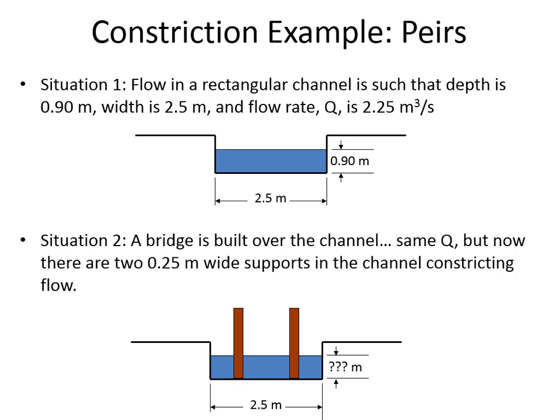Okay, and so this is y2 plus 0.6451 divided by y2 squared.